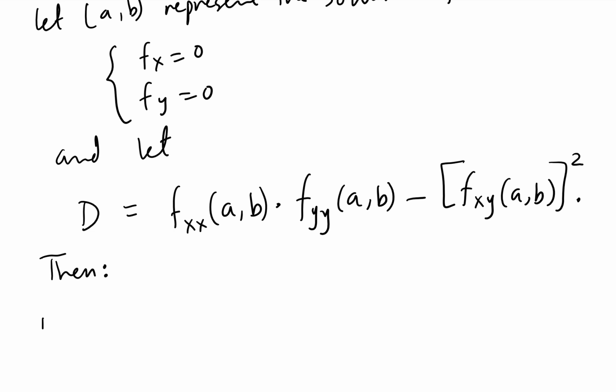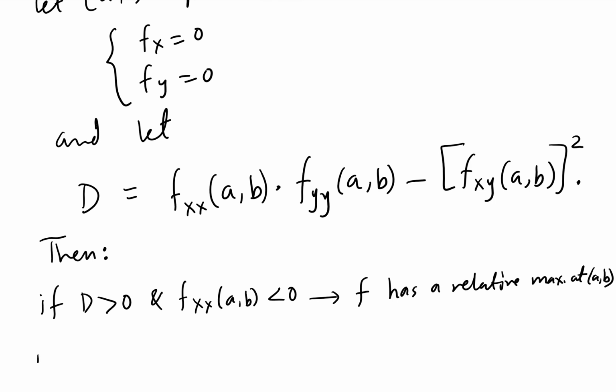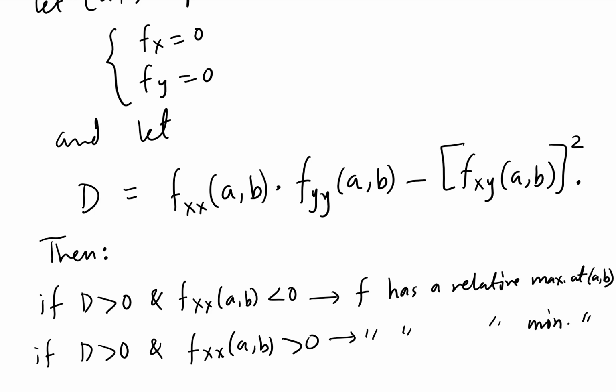The first one: if D is bigger than 0 and f sub xx evaluated at (a, b) is less than 0, then f has a relative maximum at (a, b). That's the first case. If D is still positive and f sub xx evaluated at (a, b) is positive, then f has a relative min at (a, b).